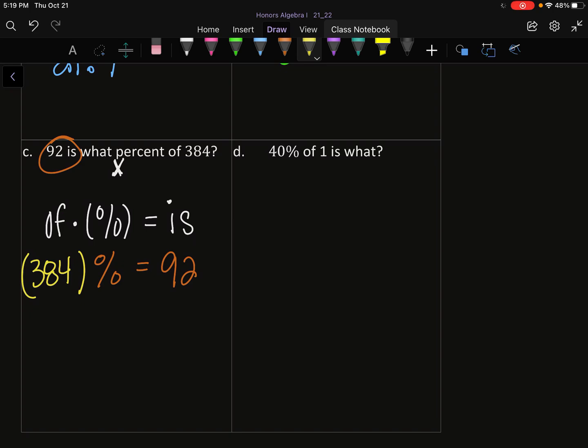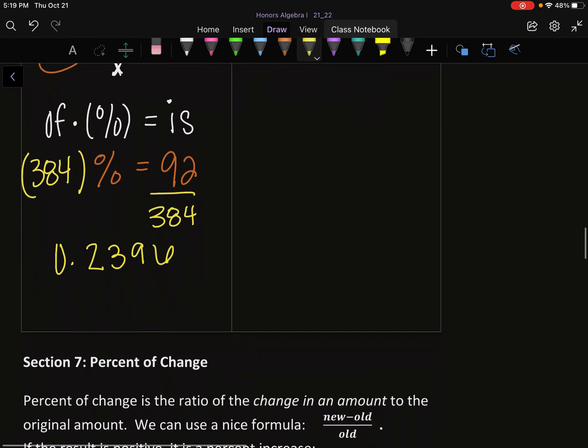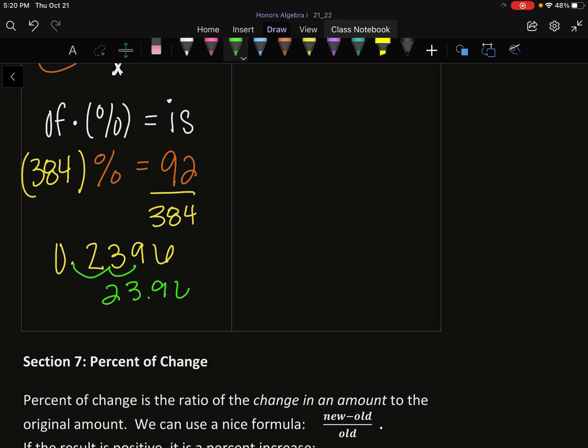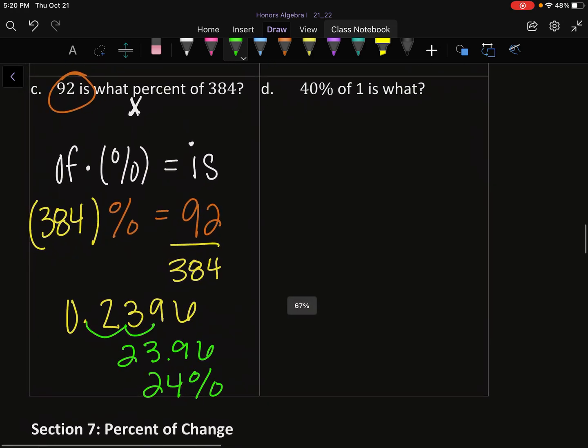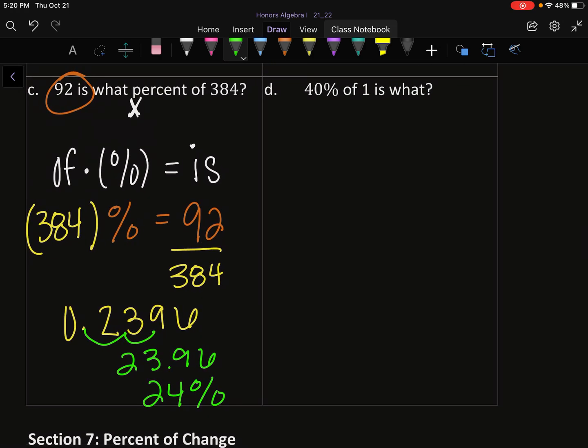And if I divide that out, and you might already know that you can just divide it and find the decimal, it looks like I'm going to have 0.2396. If I translate that to a nearest percent, that's 23.96, but I'm going to round that to 24%. So 92 is 24% of 384.